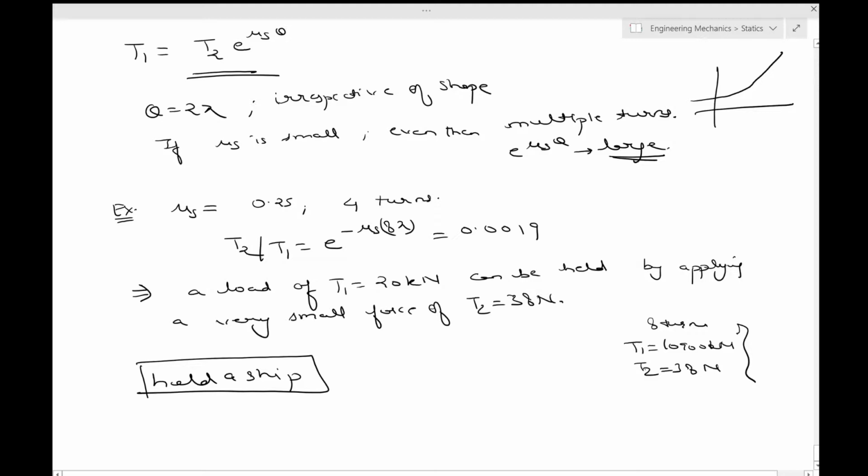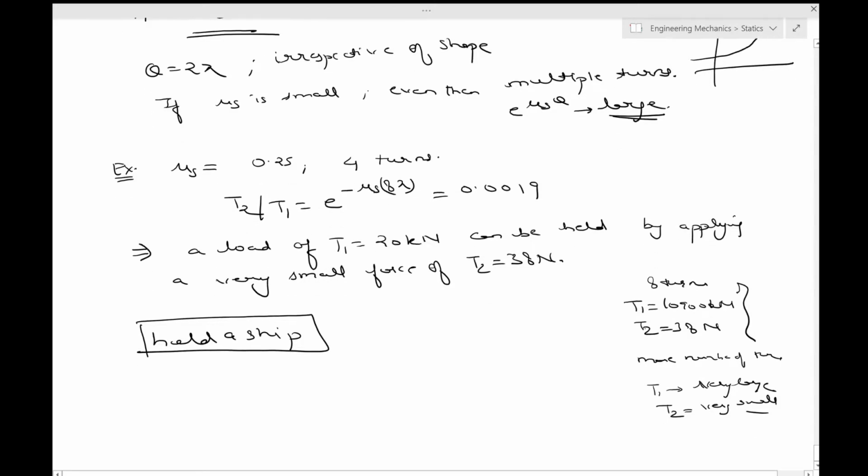The concept is that if you have more turns, you can take a T2 which is very small. Just let it be on the ground, it's that small, and then you can have this T1 very large. Please look up pictures of this and you will realize this. The slack end may even be left on the ground.